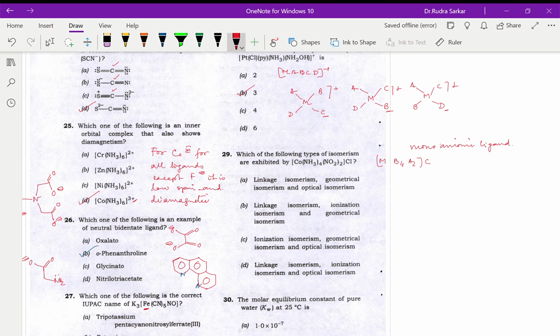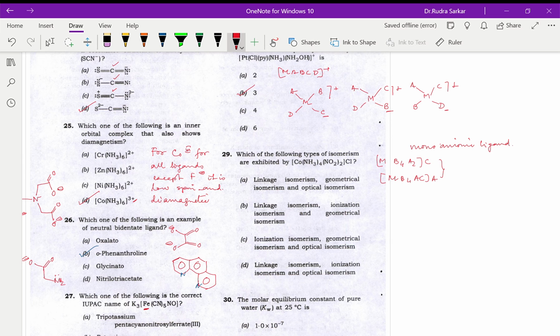So if they exchange between each other, we can say an MB4AC type of complex can be formed. So this is basically showing what? Ionization isomerism.